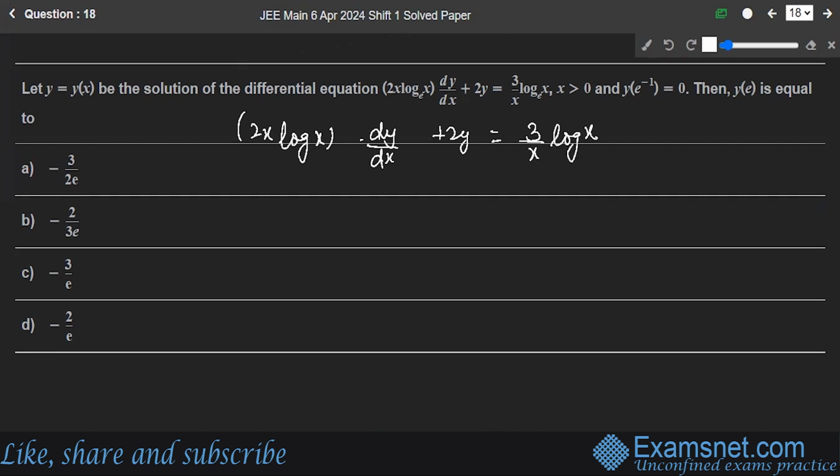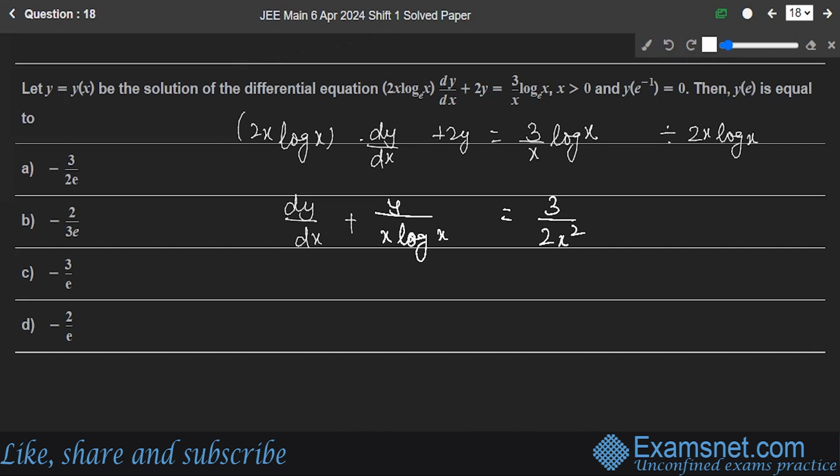Here log of x actually means log to the base e. So dividing both sides by 2x log x, you will have dy by dx plus 2y upon 2 will cancel, and here you will have y upon x log of x is equal to 3 by 2x square.